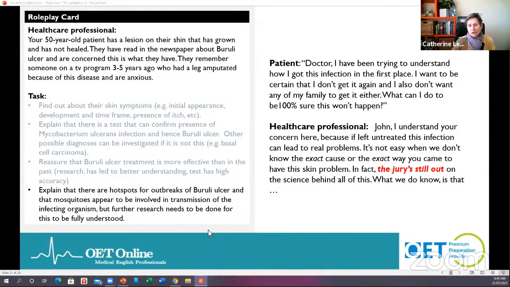And what we do know is that mosquitoes appear to be a part of how this condition is passed on from person to person. So that would be my way of using the idiomatic expression.